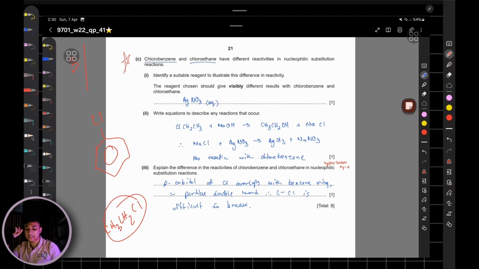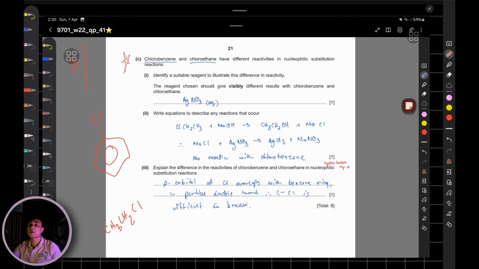For example, if you add ethanolic NaOH to the reaction mixture, this Cl will be substituted by OH, right? Similarly, if you added ethanolic NH3 under pressure, your NH2 would substitute this Cl.